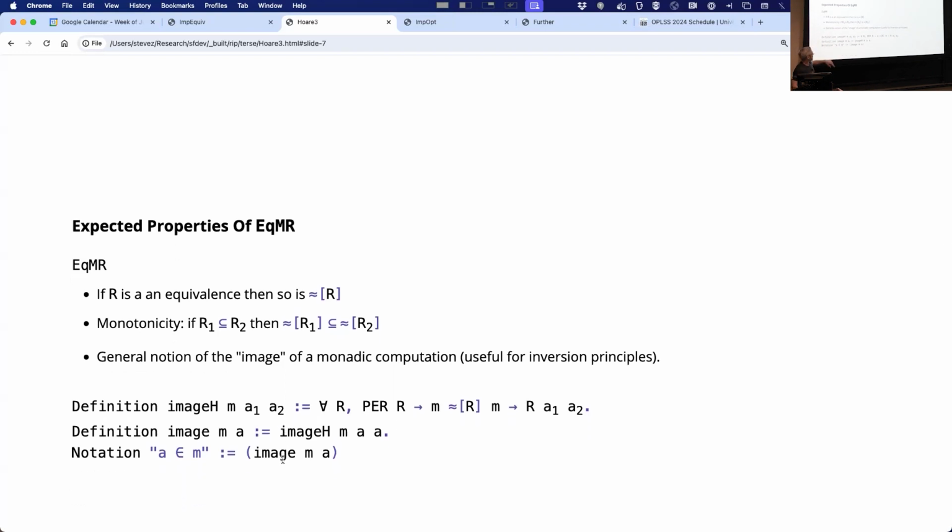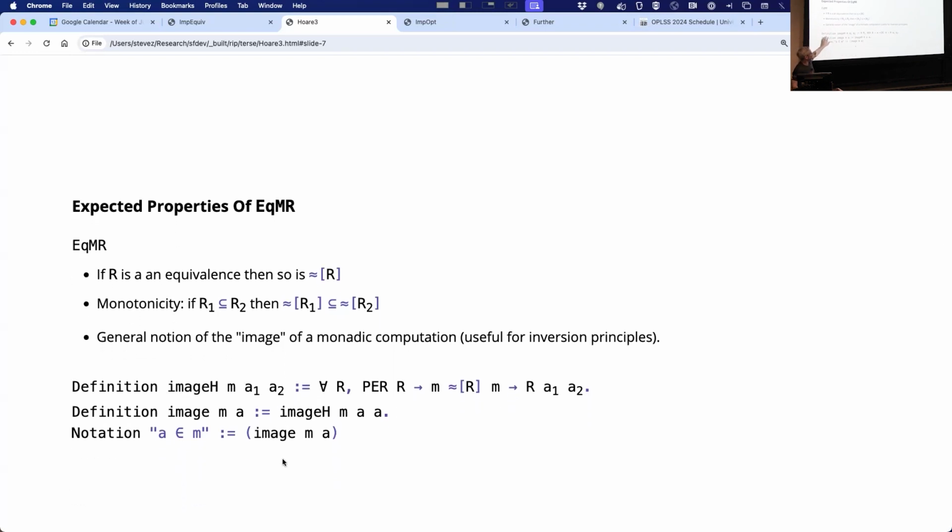As an aside, there are some quite neat things that you can do with this notion of self-related values. You can define something called the image of a monadic computation. If you unpack the definition, it's the strongest postcondition you can give for a particular monadic computation M. Another intuition is that it's exactly the things that might be returned by that monadic computation.